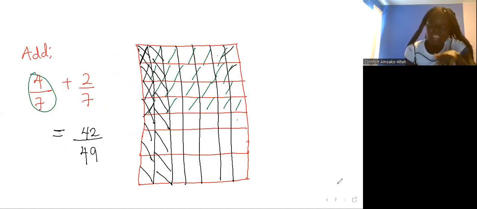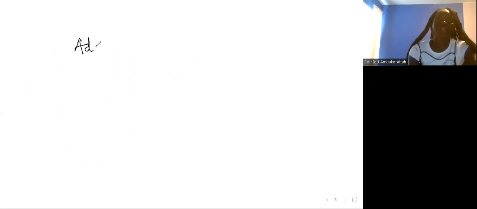So this is for addition of fractions with the same denominators, right? Now let's come to addition of common fractions with different denominators, okay?